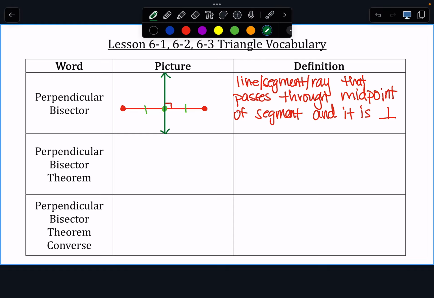Okay, so that dark green line that I drew is a perpendicular bisector. It is bisecting the segment at a 90-degree angle.